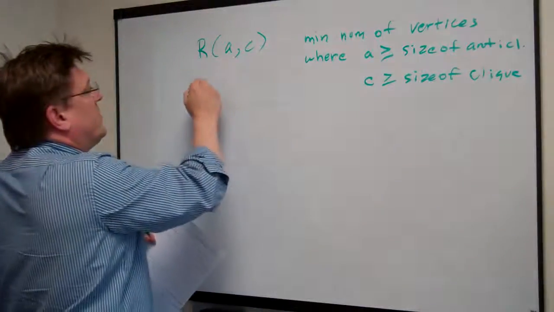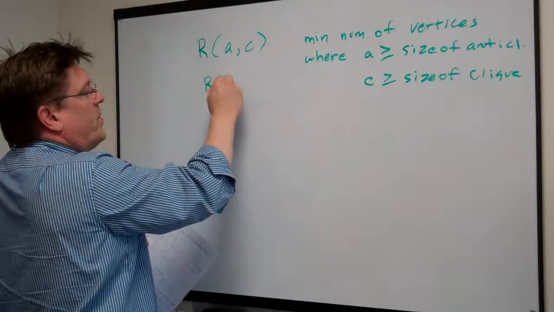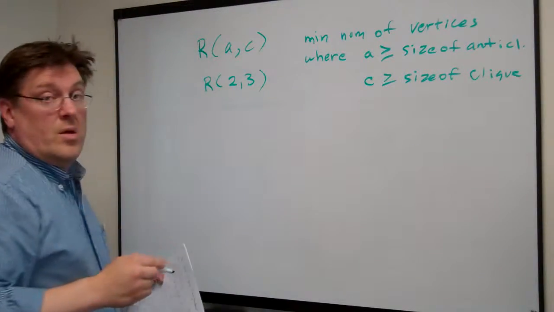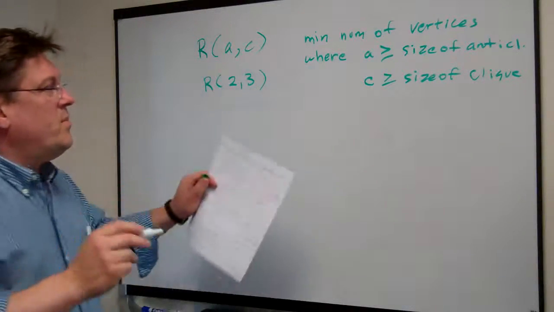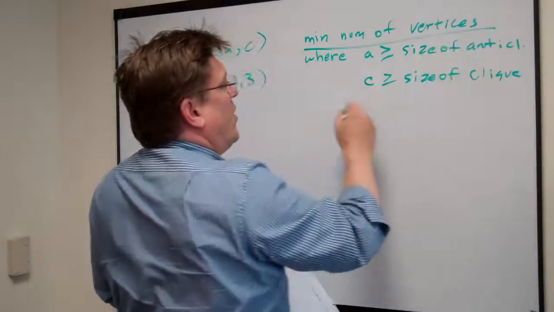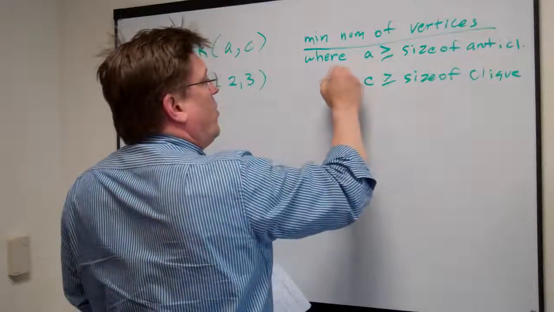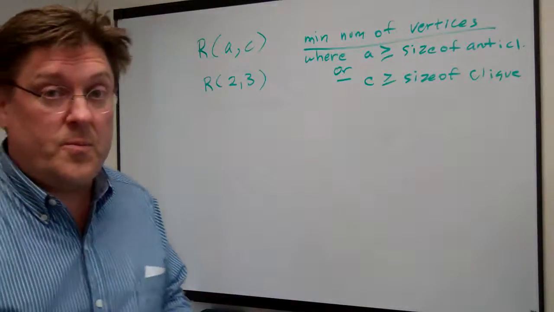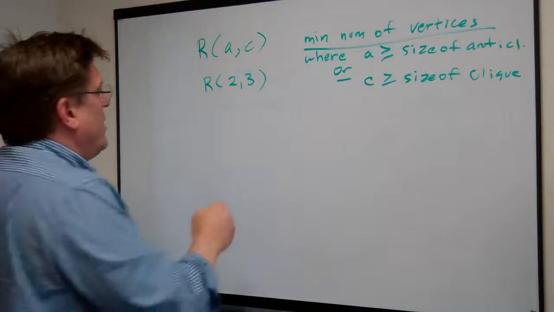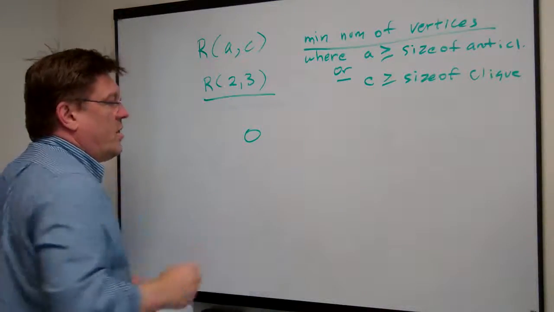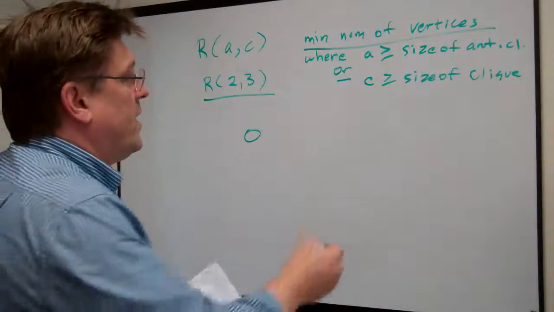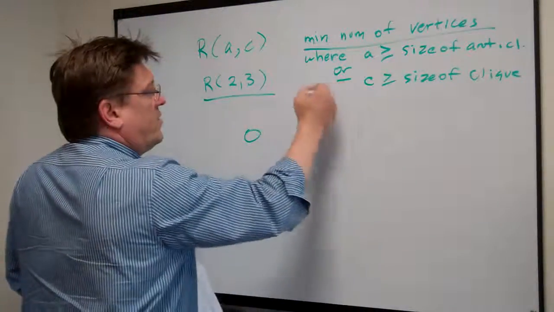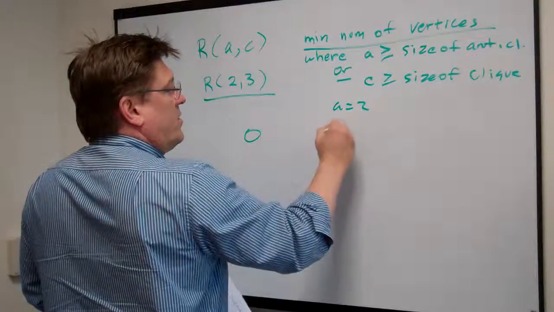So let's suppose we say we want R of 2, 3. And we want to make a graph with the minimum number of vertices where one of these has to be true. So let's try this. We have R of 2, 3. We just have one vertex. So A is 2, C equals 3.